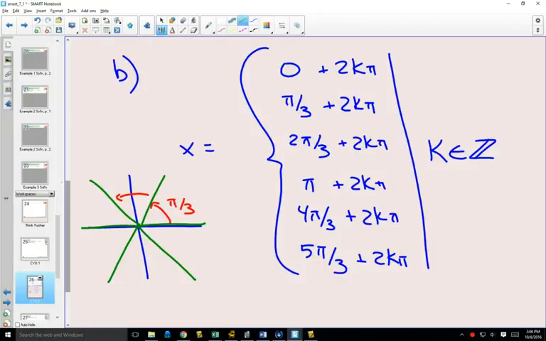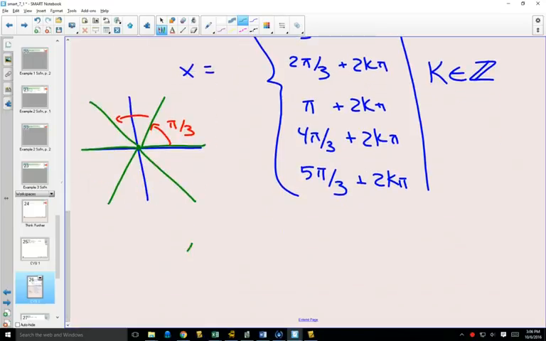So if you wanted to write all of those eloquently, and you could see this pattern, you could write it as 0, which we wouldn't even have to write 0, plus k pi over 3. And that would be much shorter. But if you can't see how that worked, it's not wrong to write them all out plus 2k pi.